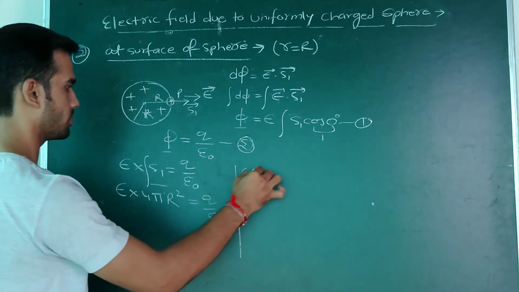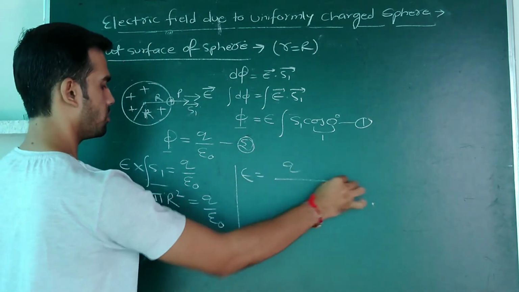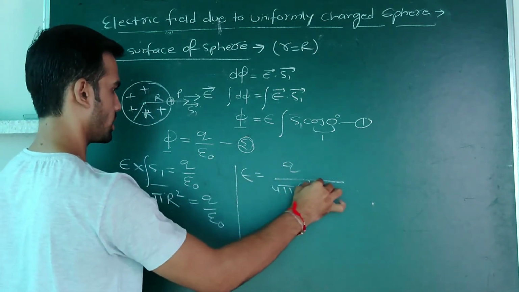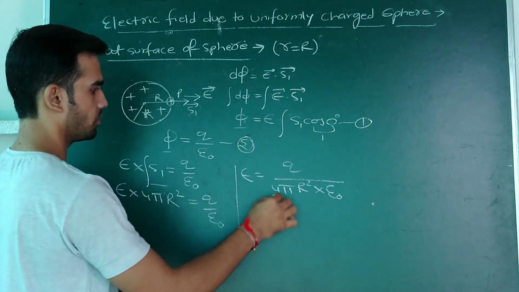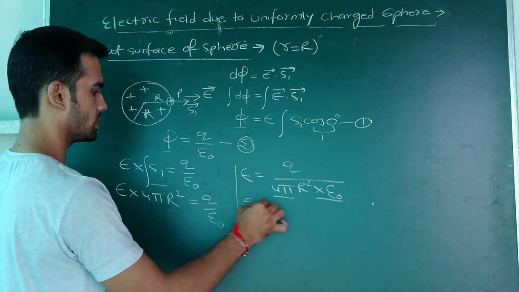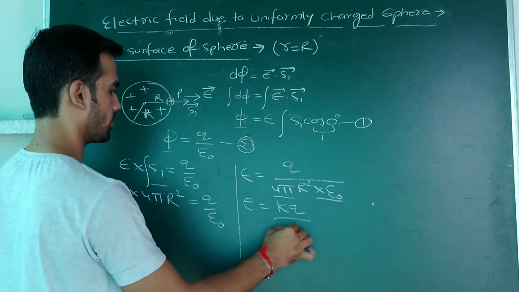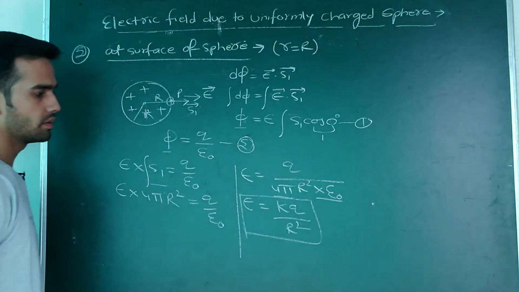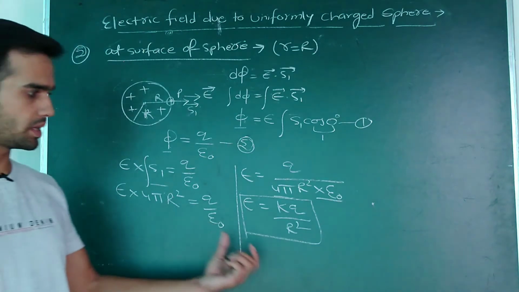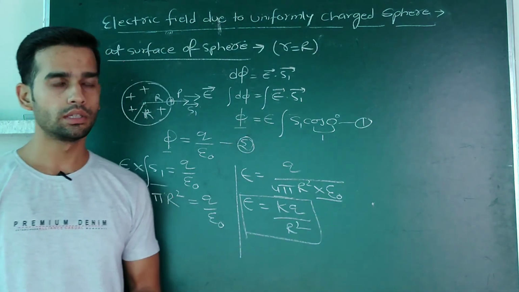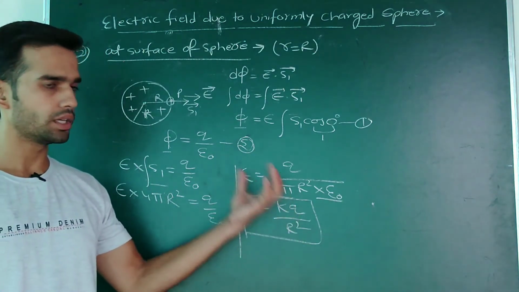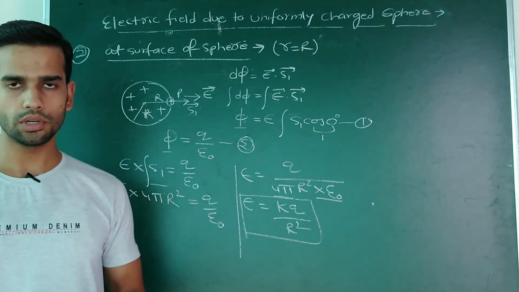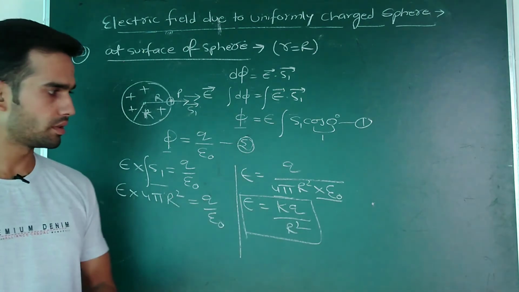Now the electric field becomes Q upon 4 pi R square into epsilon naught. 4 pi epsilon naught becomes K, which is the electrostatic constant, divided by R square. So the result is the same as the previous case. KQ upon R square is the electric field due to a uniformly charged non-conducting sphere at its surface.